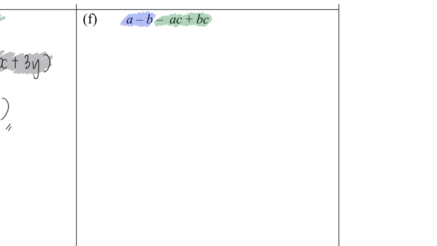And when I take them out as the common factor, minus c, I take negative c as the common factor. I'm left with a minus b. Oh, this is important. Why is there a minus? Because negative c multiplied by negative b must give me back my positive bc.